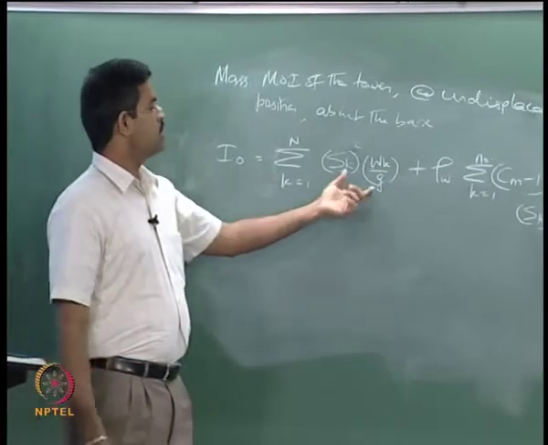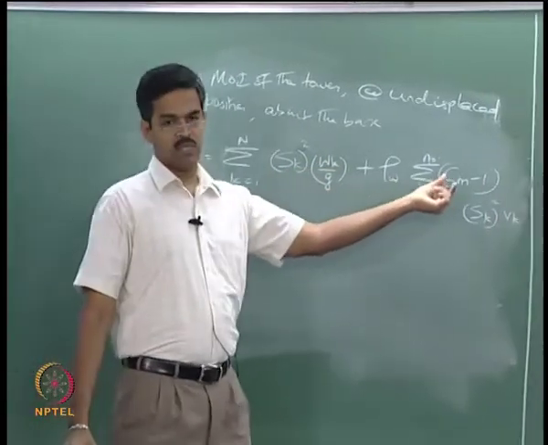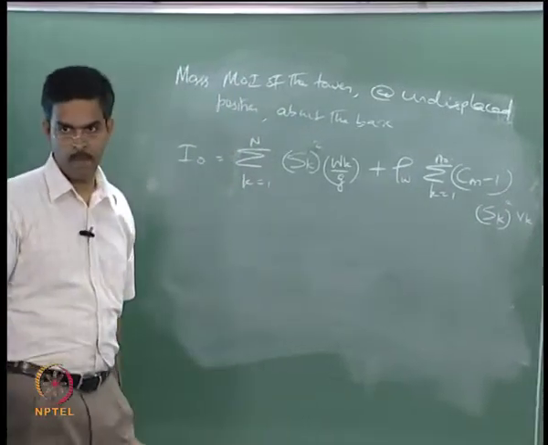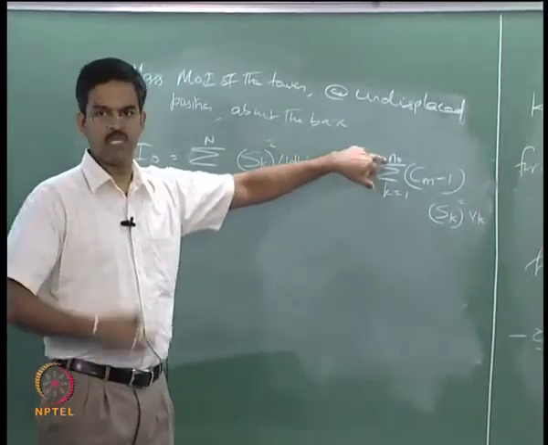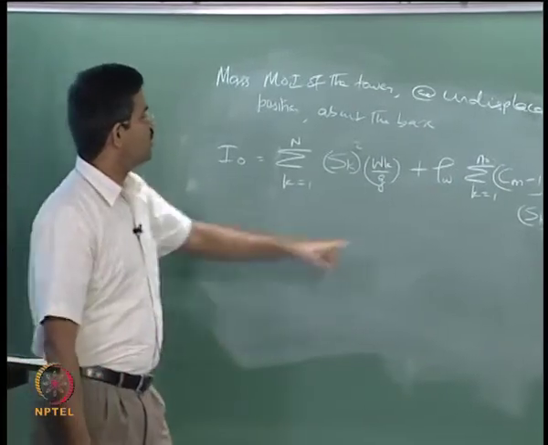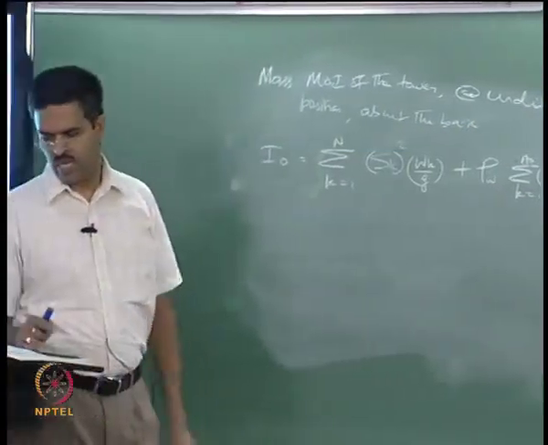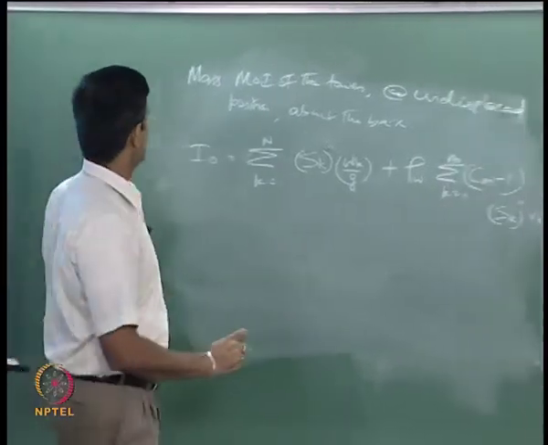So, this is the dry weight, this is the submerged weight, I am taking the volume here, multiplying with the density, and n naught is the number of submerged elements, and 0 stands for undisplaced position. So, I get I naught, I call this equation number 8.